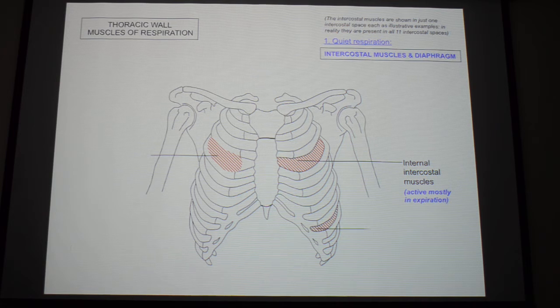And this one is the innermost. This innermost has different names. Behind the sternum, we call it transversus thoracis. Then we have the innermost, and on the posterior side, we have subcostal. So there are many names for this third layer, and this third layer is not complete. External intercostal and internal intercostal are complete layers.